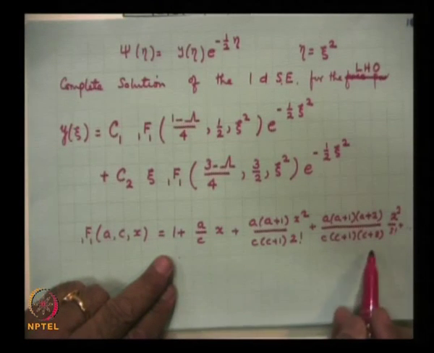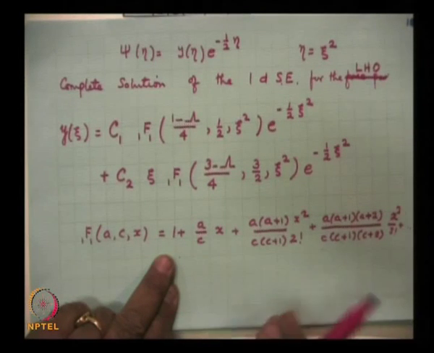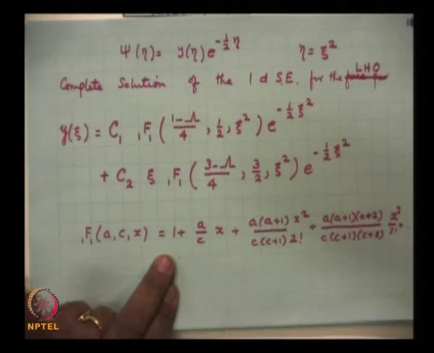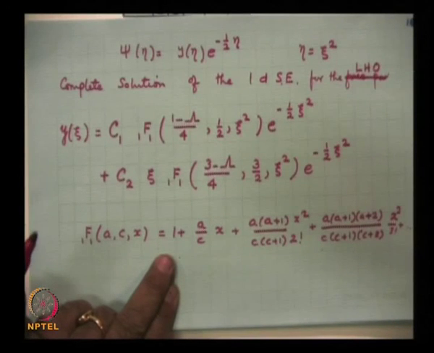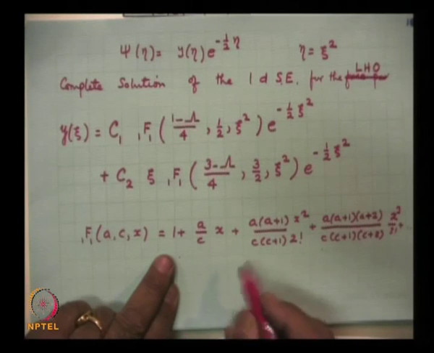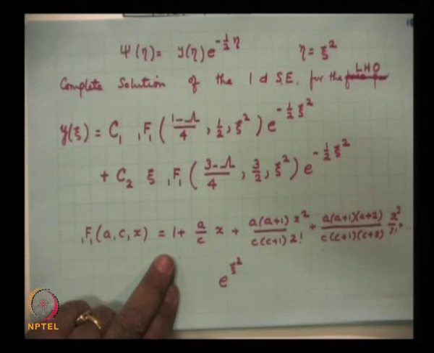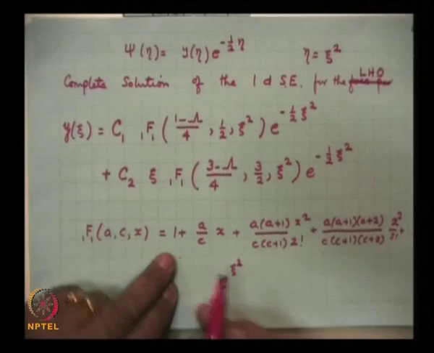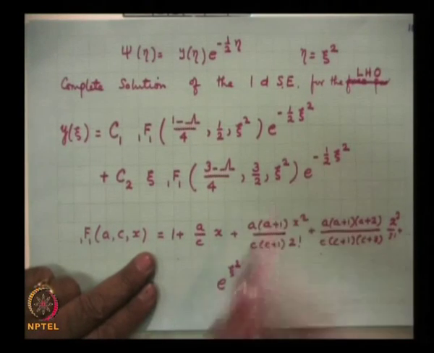If this series, understand this point carefully, if this series is allowed to go to infinity, that is, if this series remains an infinite series, then although the series is convergent, it will behave as e to the power of plus xi square, which is obvious because e to the power of plus x and x is xi square.